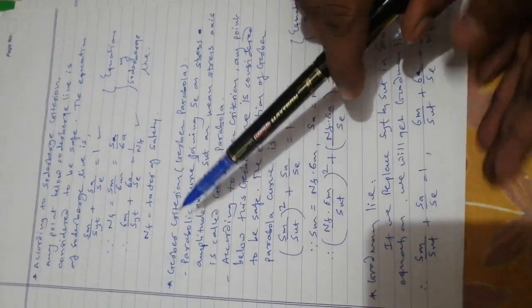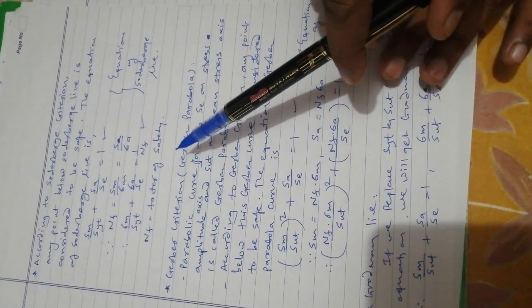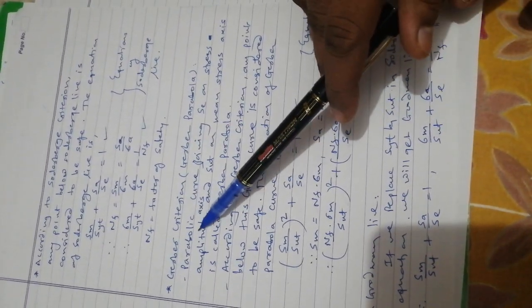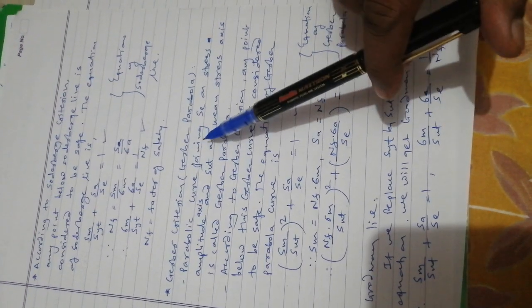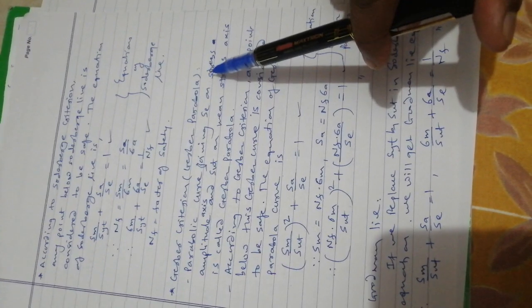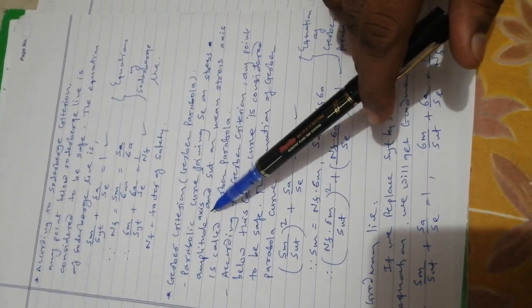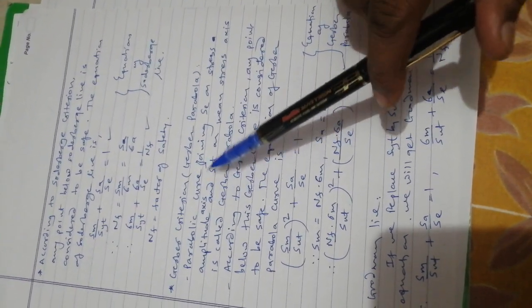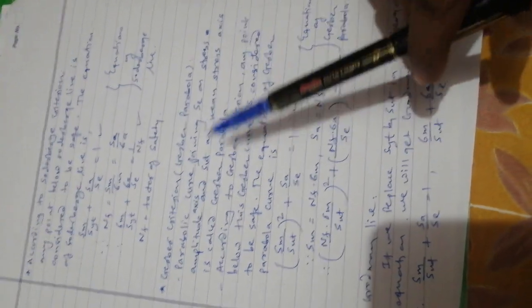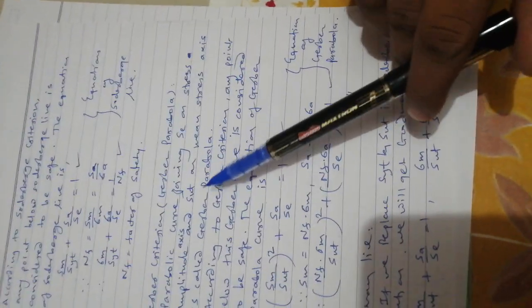Moving further to the Gerber criteria, or Gerber parabola we can say. It is a parabolic curve joining SE on the y-axis, the stress amplitude axis, and SUT on the mean stress axis, that is the x-axis.